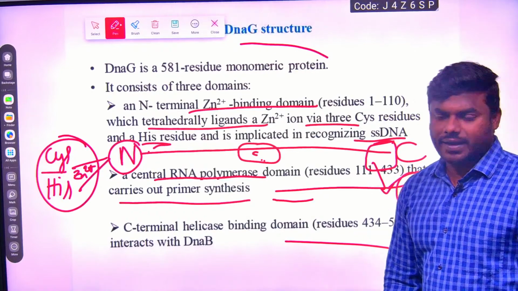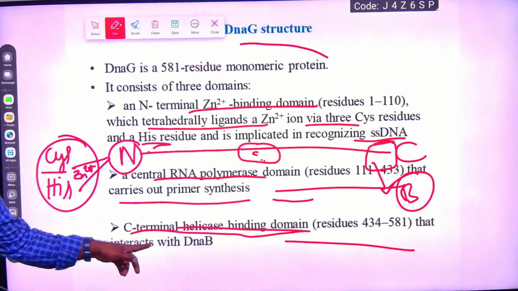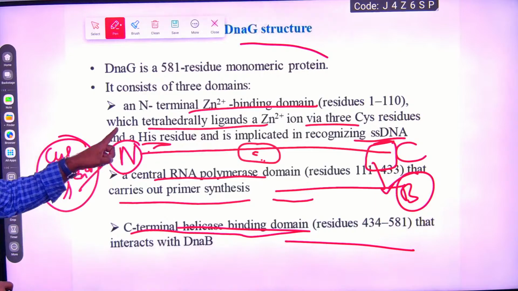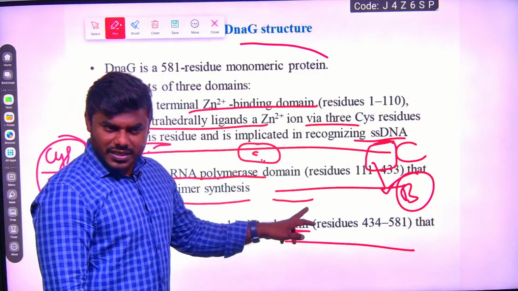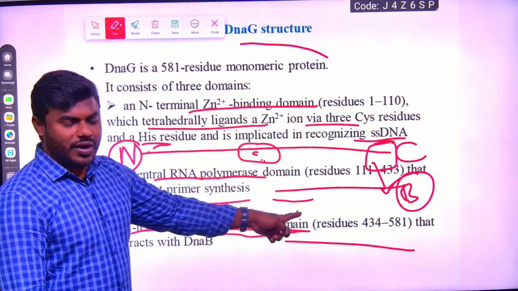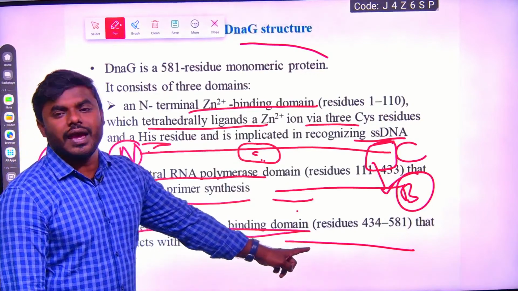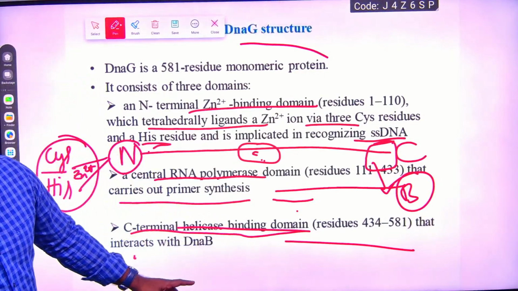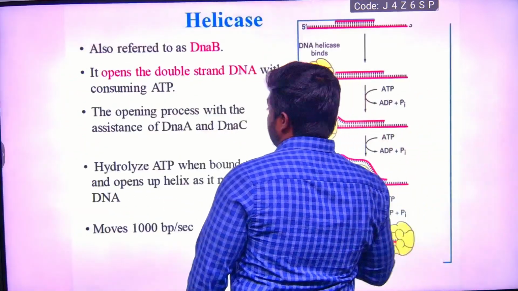Helicase, right? So a C-terminal helicase binding domain, that is also a statement in the exam. So the N-terminal domain is only responsible for recognizing single stranded DNA. The central domain we can call the RNA polymerase domain, whereas the C-terminal domain we can call the helicase binding domain. No point in getting confused there, everyone remember it, compulsory for the exam.